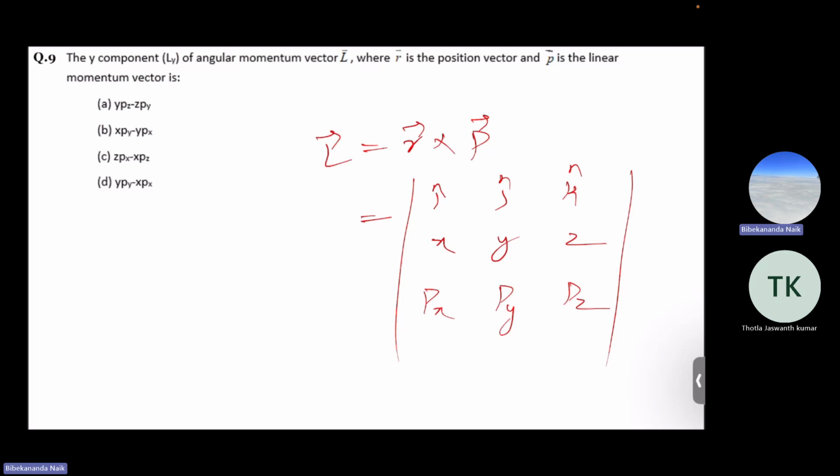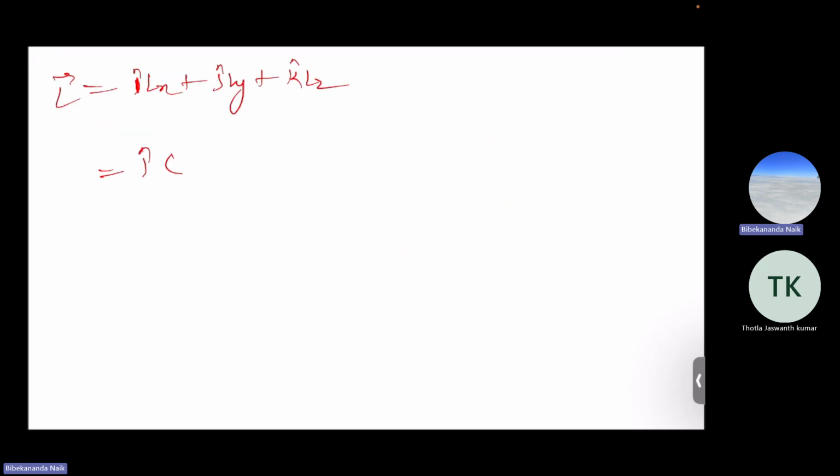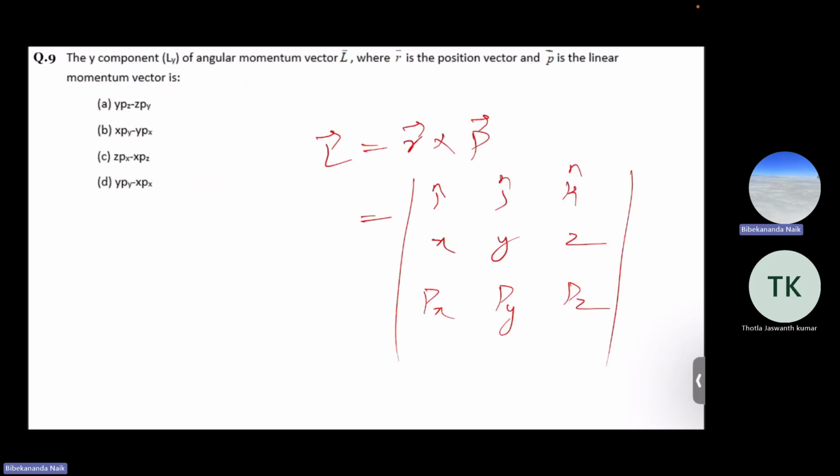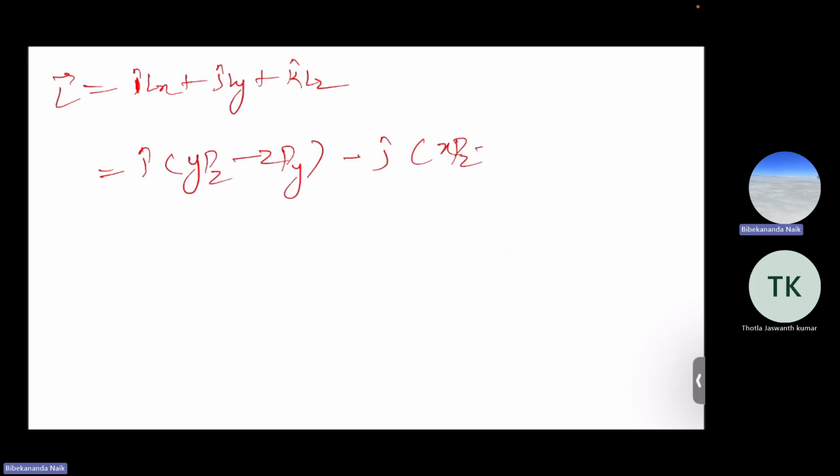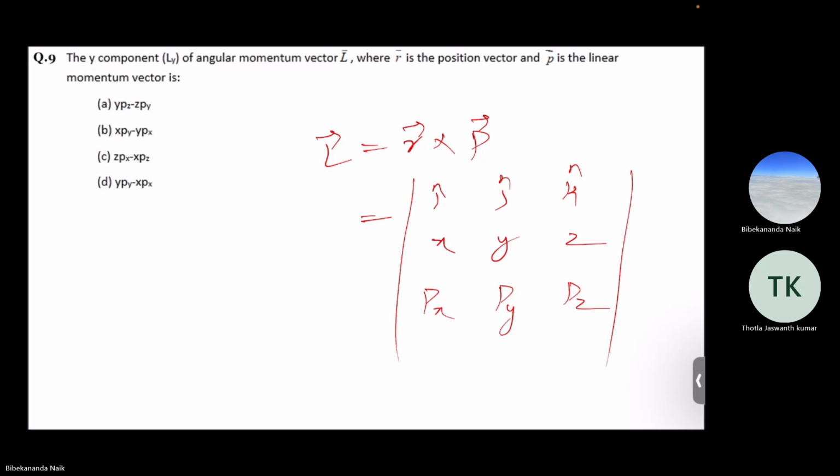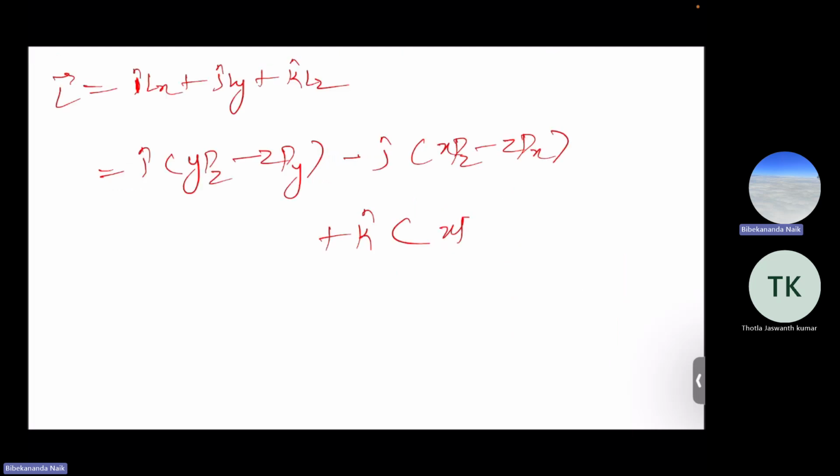So it is I cap (Y Pz minus Z Py), minus J cap (X Pz minus Z Px), plus K cap (X Py minus Y Px).